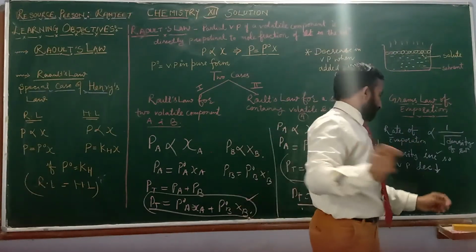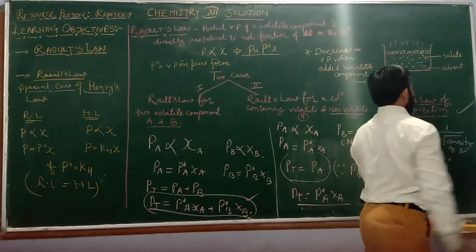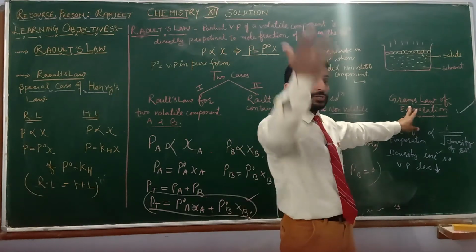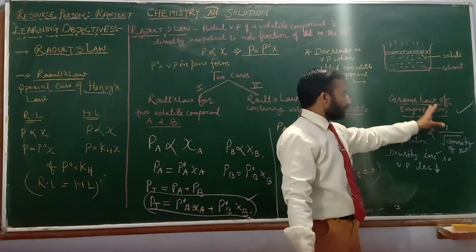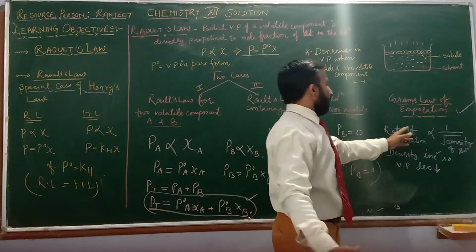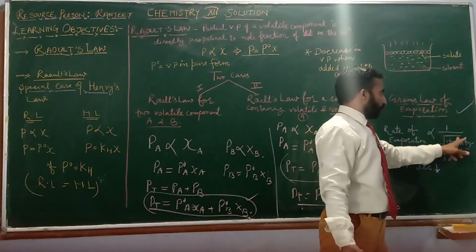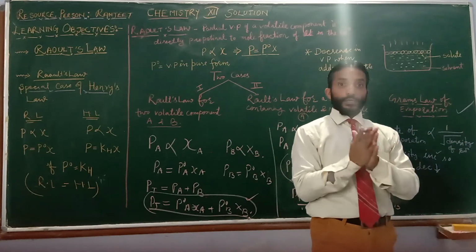Hindrance is there, and due to this the vapor pressure decreases by the addition of a non-volatile component. It can be understood in another way, which is given by Graham's law, known as Graham's law of evaporation. According to Graham's law of evaporation, the rate of evaporation is inversely proportional to the square root of the density of the solution.